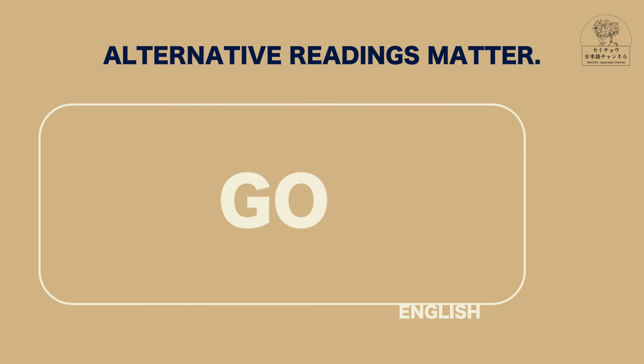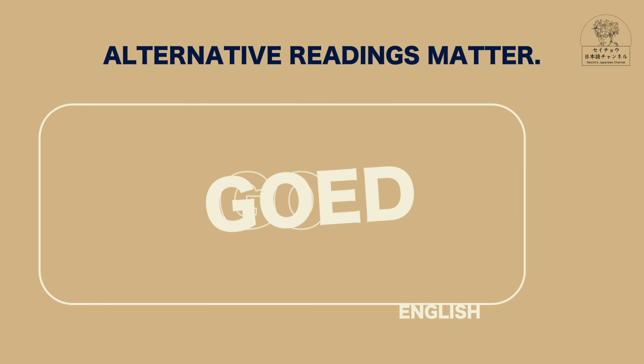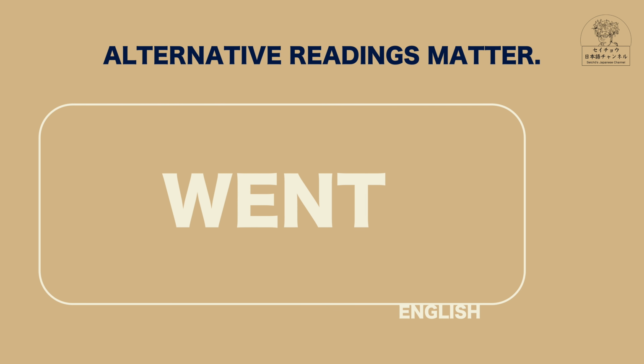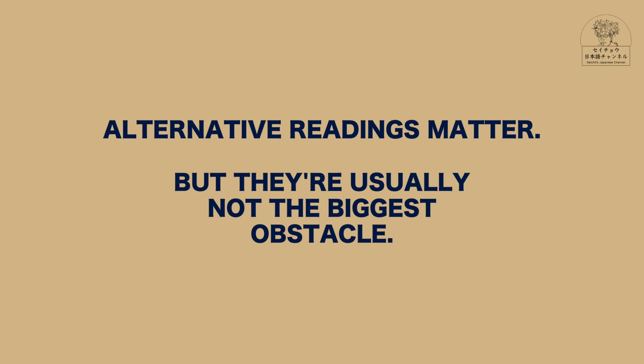Think about English for a moment. Would you ever say good instead of went? Alternative readings matter. You will learn them eventually, but they are usually not the biggest obstacle. For those alternative readings, the shadowing practice videos in this series will be more than enough.